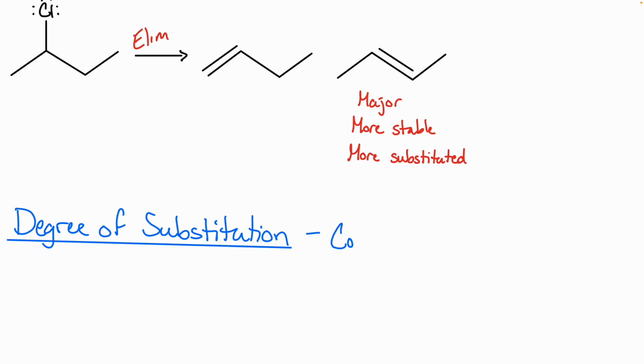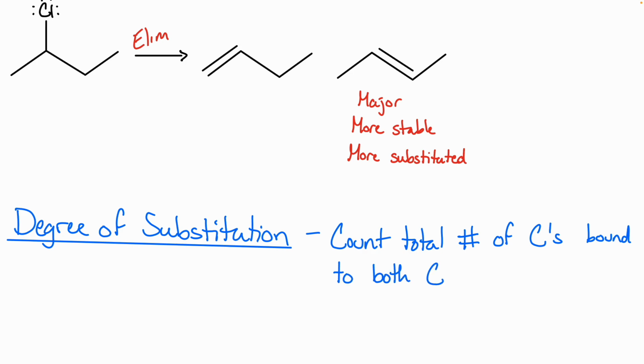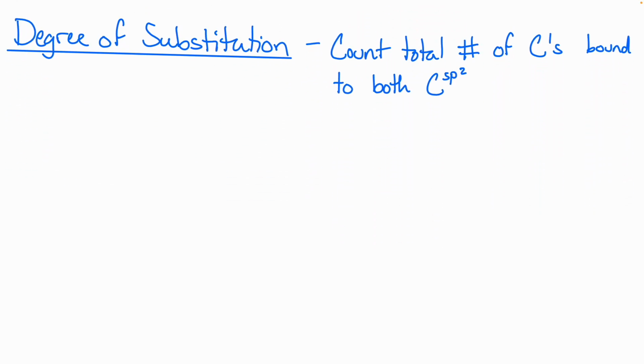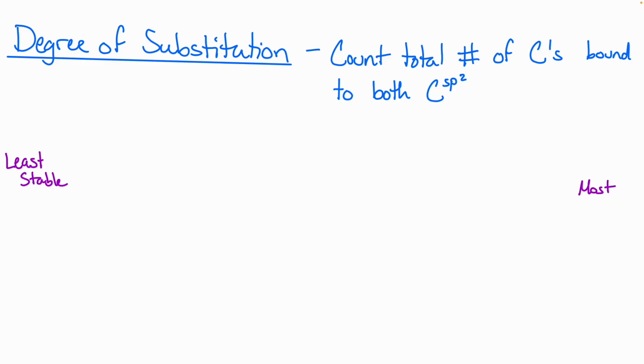We're going to count the total number of carbons bound to both of those sp2 hybridized carbons. All right, and so we can rank these from least stable to most stable.